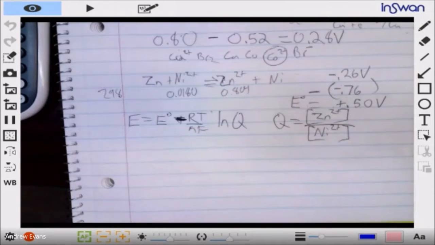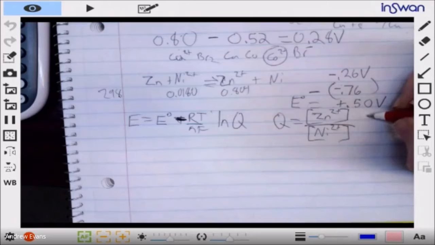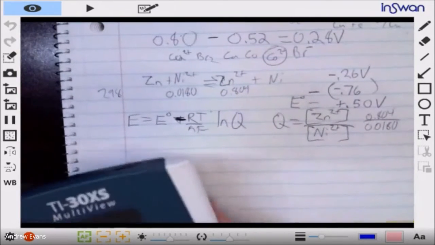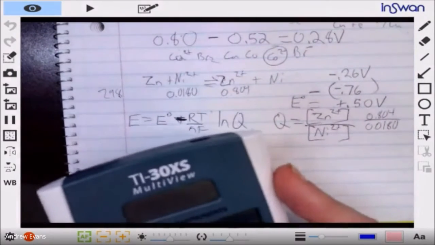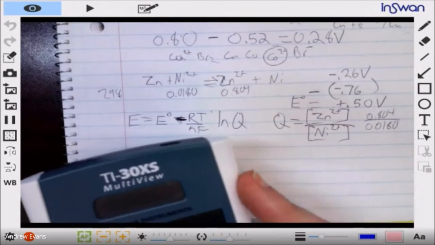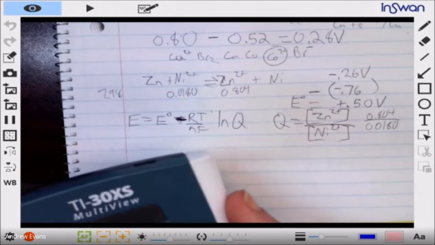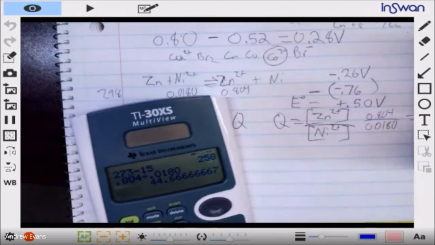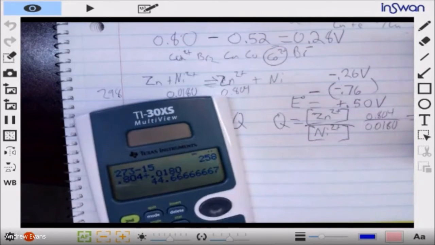It will not matter the concentration of the zinc solid. So first things first, what is our Q? 0.804 divided by 0.018. Our Q is 44.6 repeating.